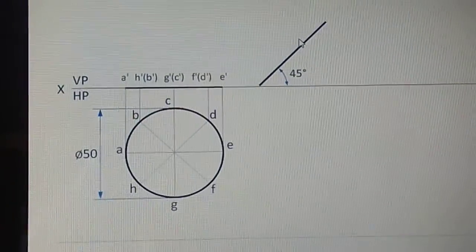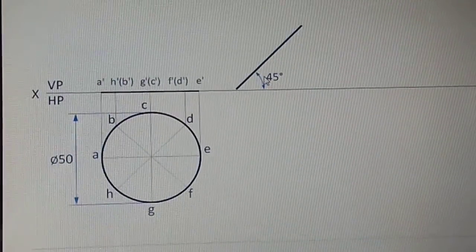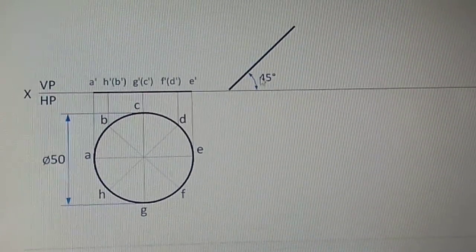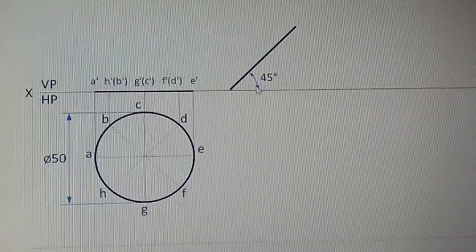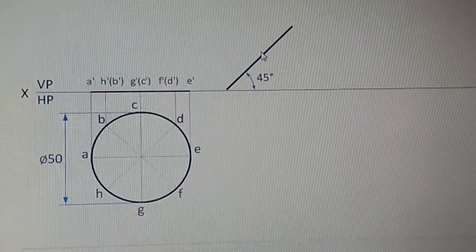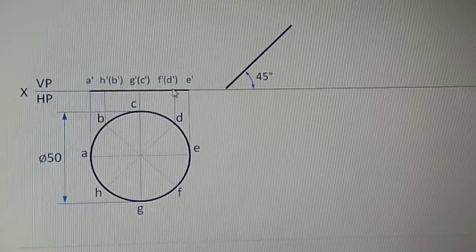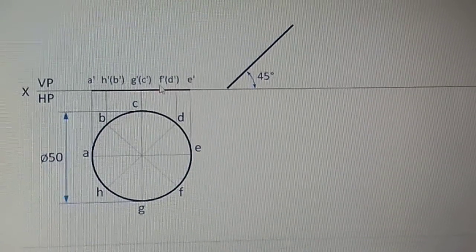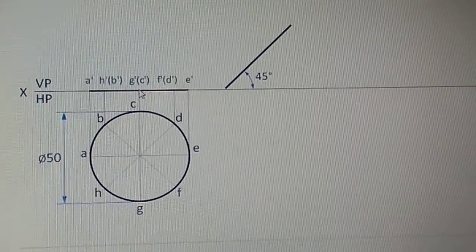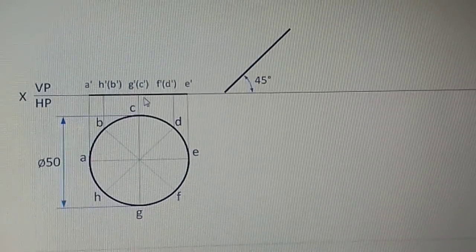So we are going to take a thin line that makes an angle of 45 degrees to HP. On this 45 degree thin line, you transfer this plane in the front view, whatever length we obtain. Now it is equal to the diameter of 50 mm.